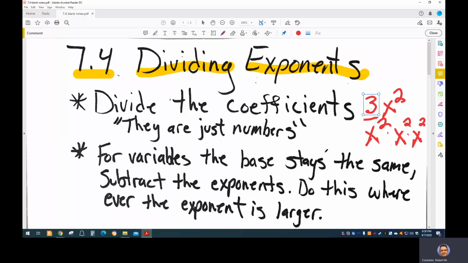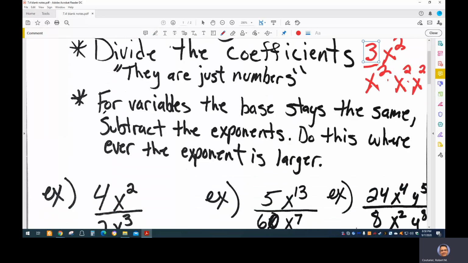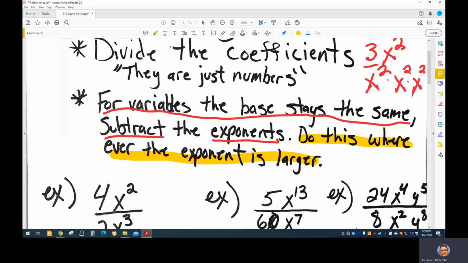When dealing with the exponents now, for the variables, the base is going to stay the same. That's kind of like the leading trend for all of these. Base stays the same, and we subtract the exponents. The important part here that we have to remember is we need to do this wherever the exponent is larger.